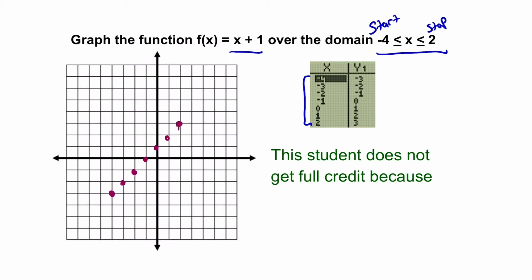I was told to graph from -4 to 2, so from here to here, and that's it. So I don't want arrows, I don't want a continuing line, I just want a line from those points, and that's it. And I stop, and we'll talk about this in a bit, but if I have lines underneath, I want to make sure that my endpoints have closed circles.